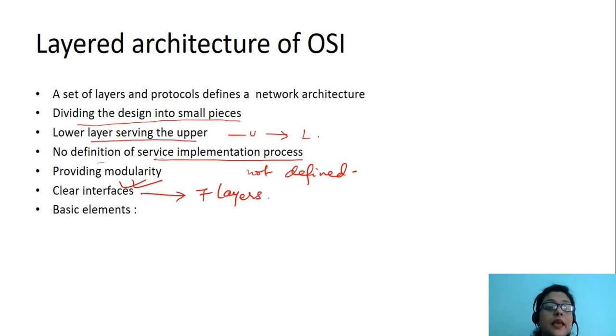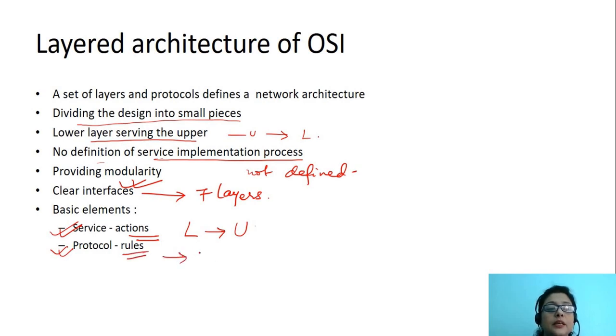So what are the basic elements of the layered architecture of OSI? Number 1 is service. Service means actions. What actions are being taken by the lower layers to serve the upper layers? Next is the protocol or the rules.